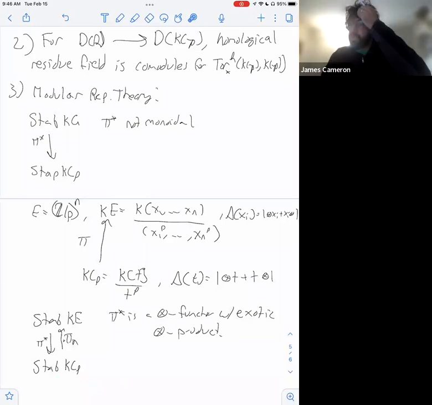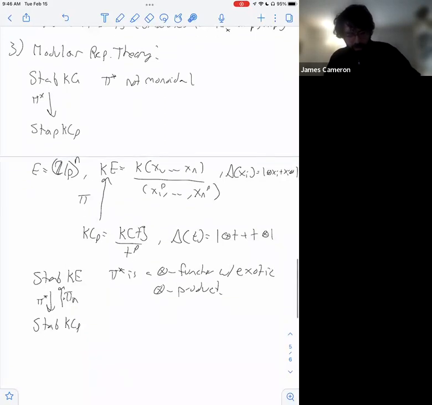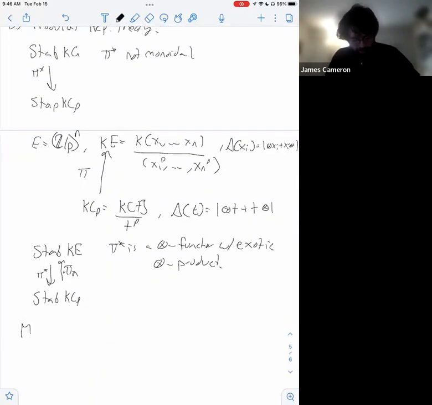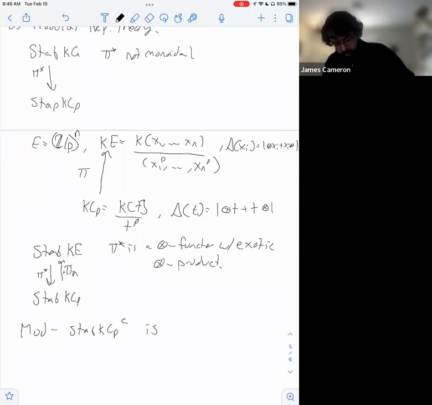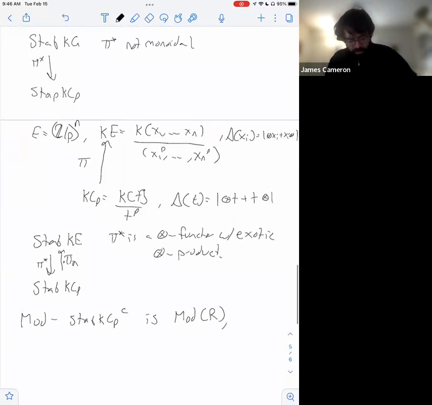So you don't have quite as much control. But then in Greg and my paper, we worked out that in fact, this module category, for the compact part of this, is modules for a ring. And this ring R is the endomorphism ring of the sum of the indecomposables.